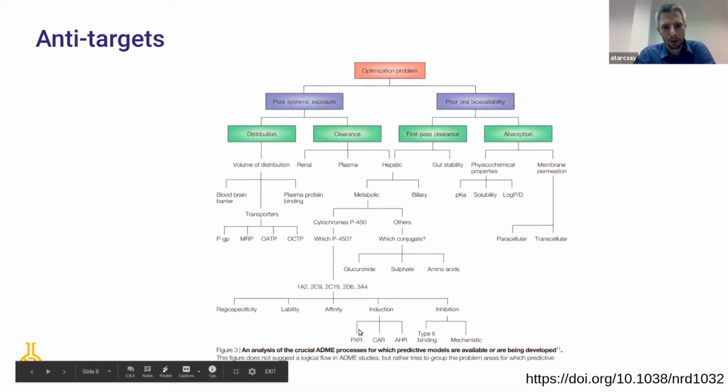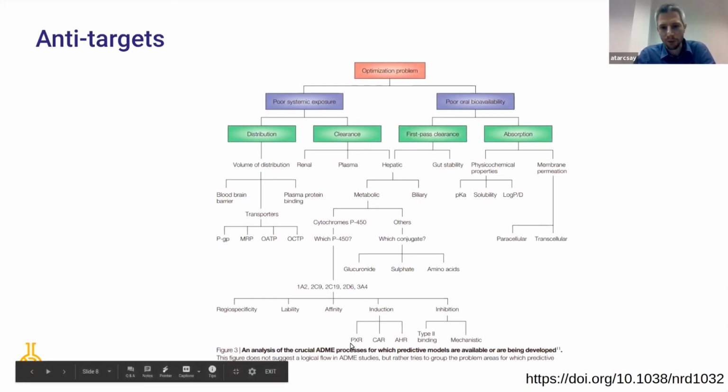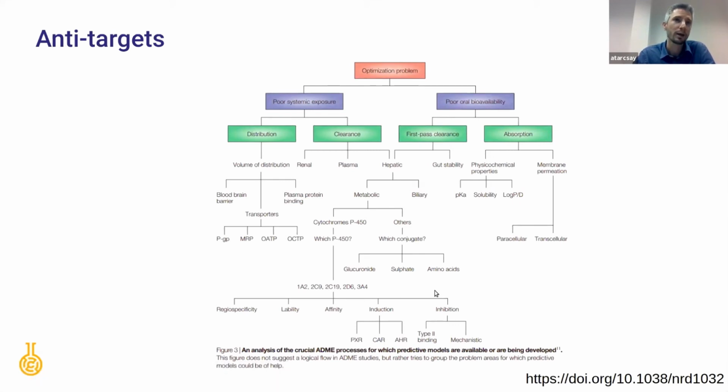Or there are factors related to the induction, further synthesis of these enzymes that will degrade the drug. One of them is PXR or CAR. These have hydrophobic pockets that are less selective, so they can bind the xenobiotics, and then they can scale up the production of metabolic enzymes that will degrade these xenobiotics in the body.